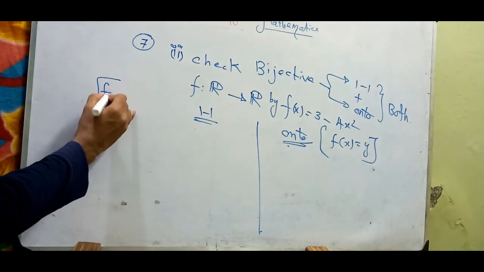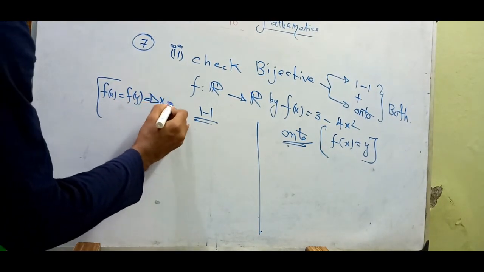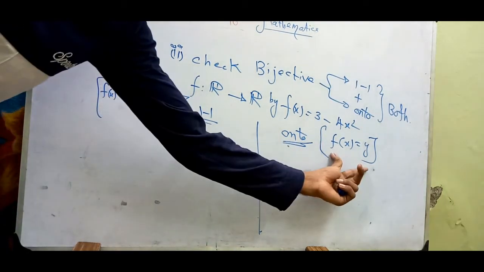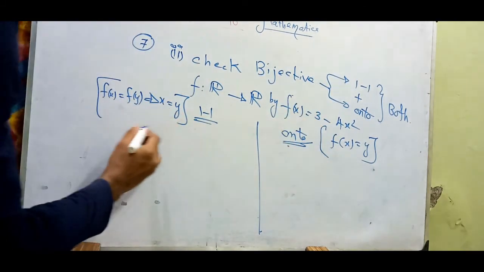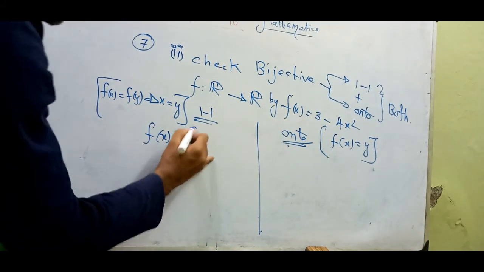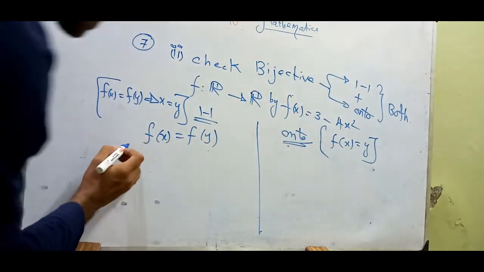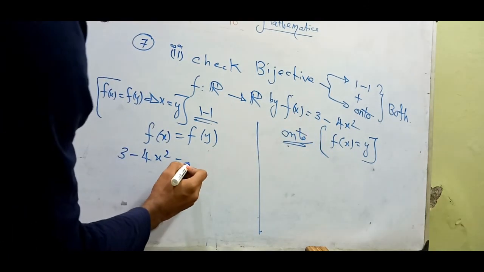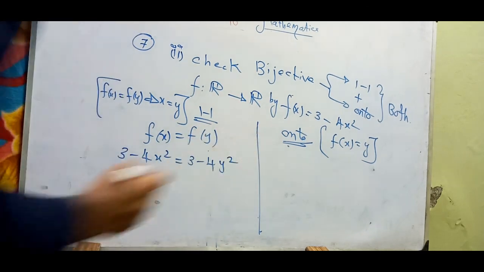The 1-1 condition is f of x equal to f of y implies x equal to y. So this condition and this condition should be satisfied together. Our f of x is equal to f of y. Here f of x is nothing but 3 minus 4x square. You just have to replace x by y. Got it?